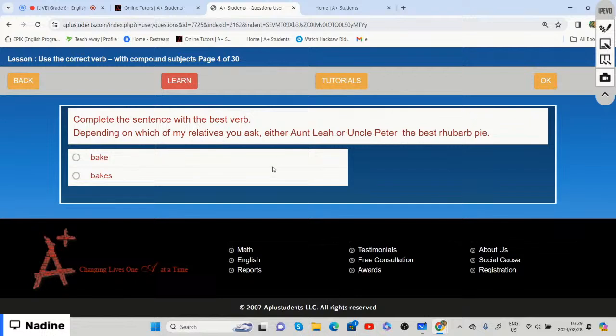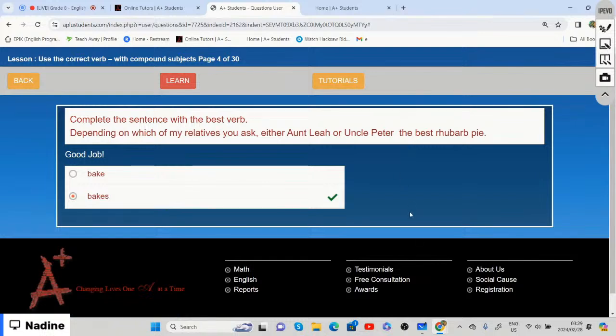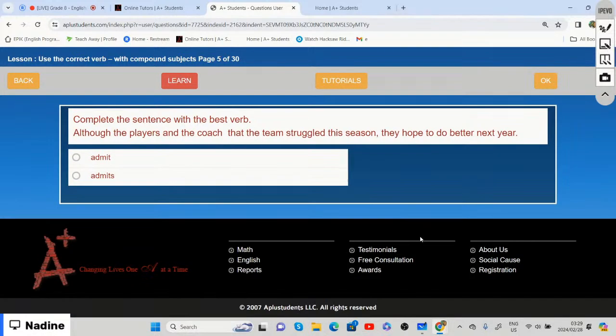So we say bakes. So Aunt Leah and Uncle Peter, they bake, but bakes. Although the players and the coach admit that the team struggled this season, they hope to do better next year.